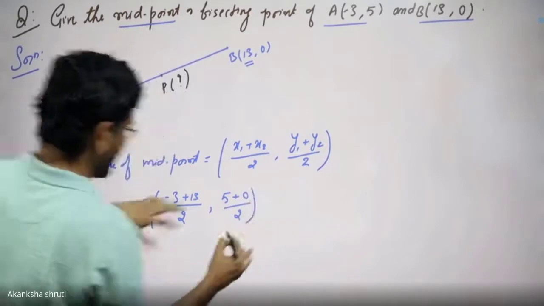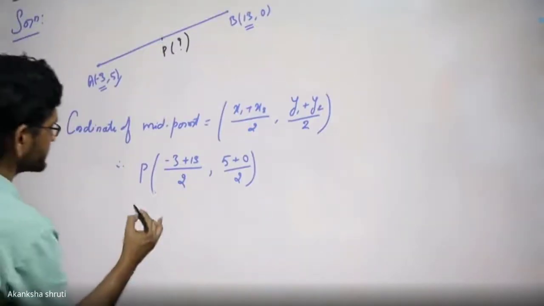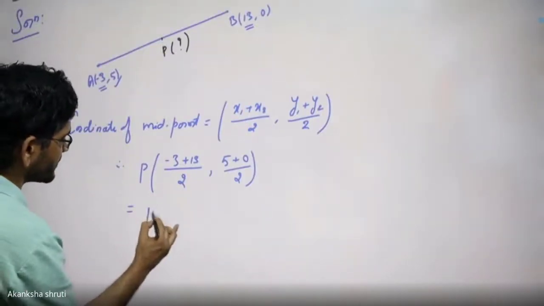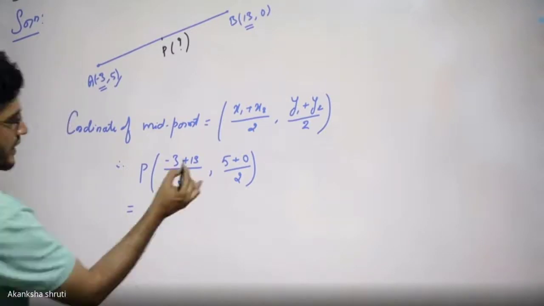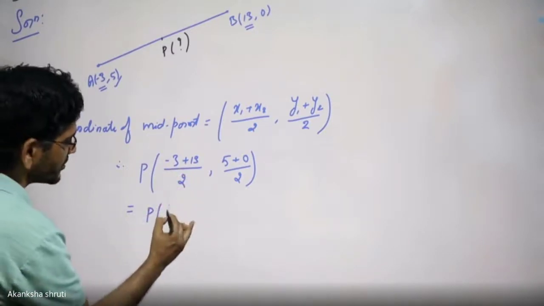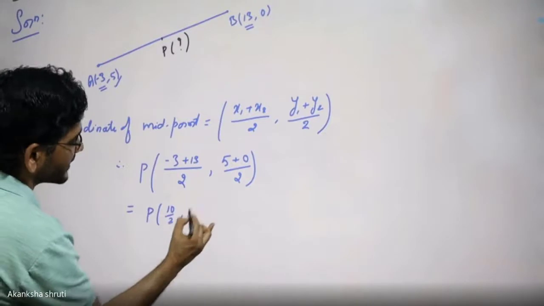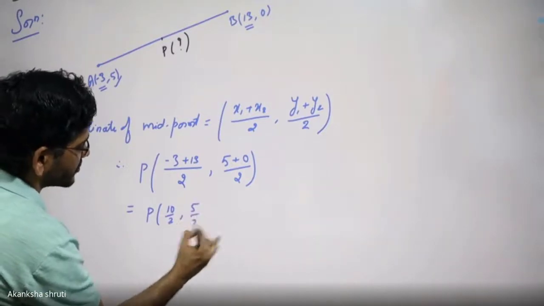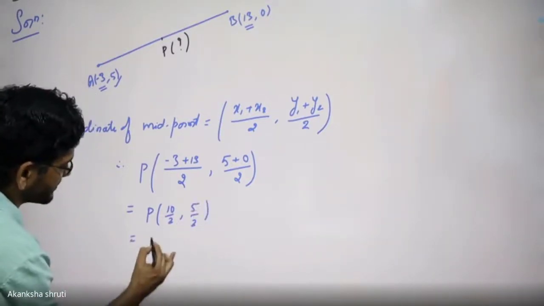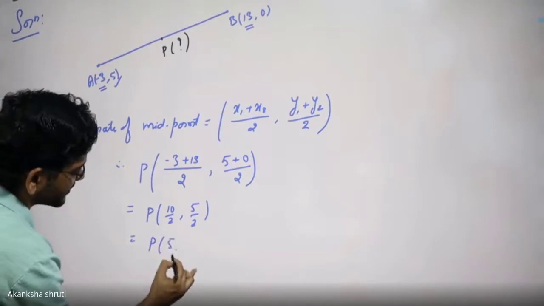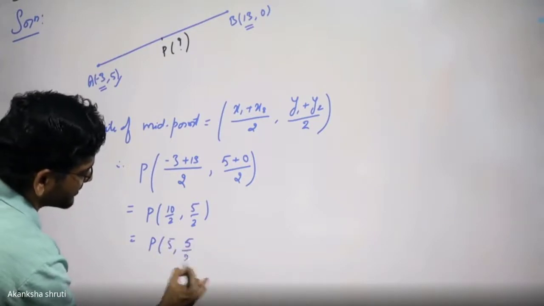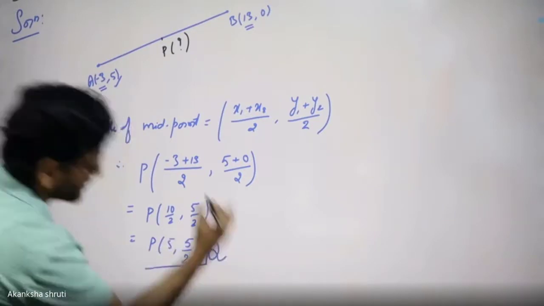So signs are very important. So P becomes 10 by 2, comma, 5 by 2. So we can write P as (5, 5/2). This is the required answer.